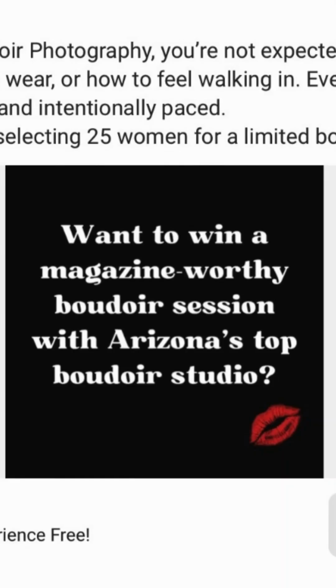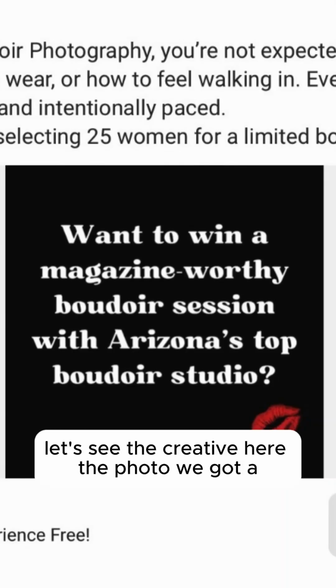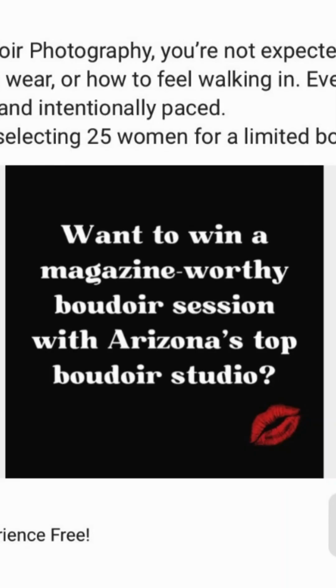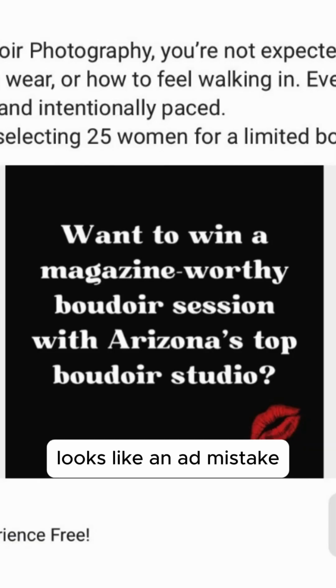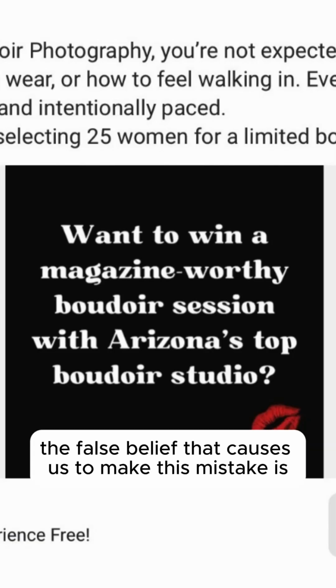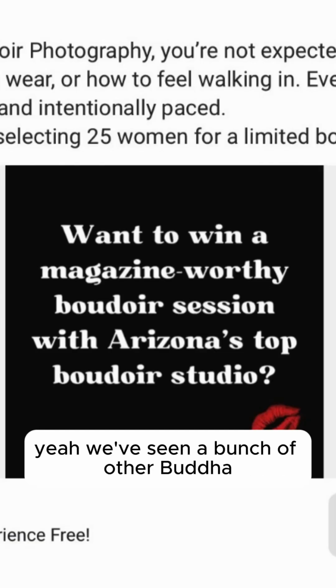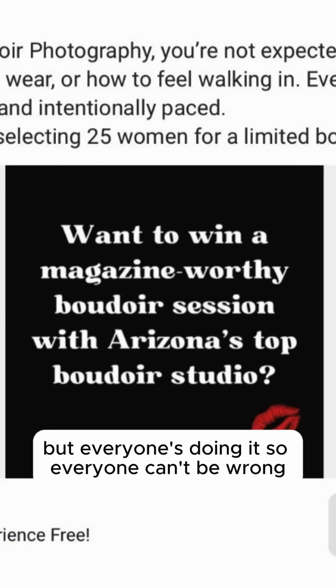Now, the creative here, the photo. Looks like an ad mistake. The false belief that causes us to make this mistake is, yeah, we've seen a bunch of other Boudoir Facebook ads that look like ads, but everyone's doing it, so everyone can't be wrong, can they?